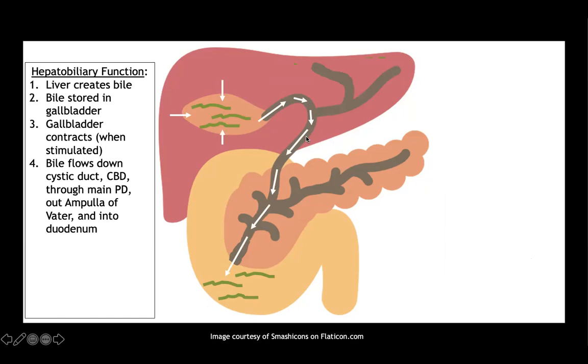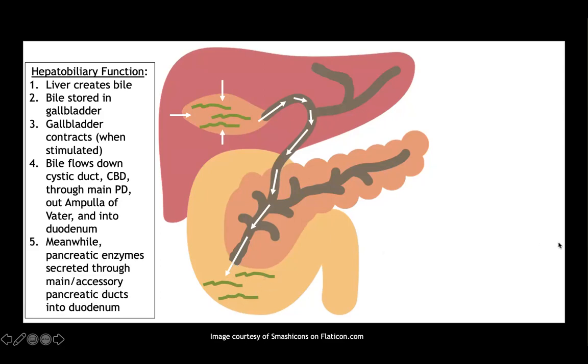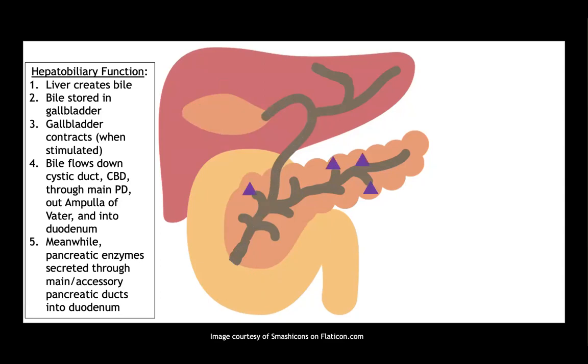Cystic duct, into the common bile duct, goes through the main pancreatic duct, goes in the ampulla of Vater, and into the duodenum, out that duodenal papilla and the sphincter of Oddi right here. And so you'll get bile in your duodenum. While this is all happening, you have pancreatic enzymes that are getting secreted into both the main and accessory pancreatic ducts.